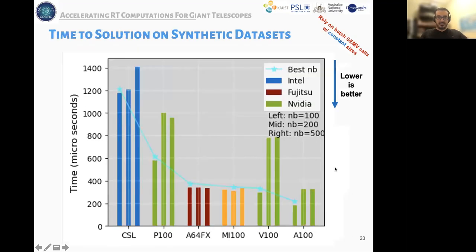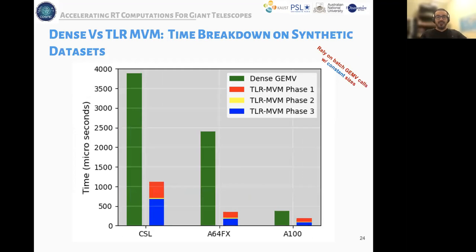So in terms of time to solution, still on synthetic data sets, again, we have similar performance from the Fujitsu A64FX, MI100 from AMD and the NVIDIA V100. And then the performance is much better, as we have seen in the previous slide, when we run on NVIDIA A100. So if we were to compare now the dense versus this tile low-rank matrix vector multiplication, we look at the time breakdown of the various phases in doing this matrix vector multiplication with the tile low-rank approximation.